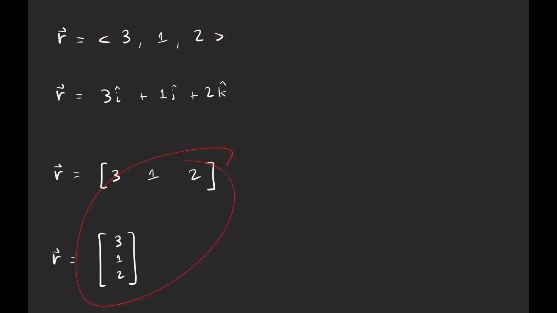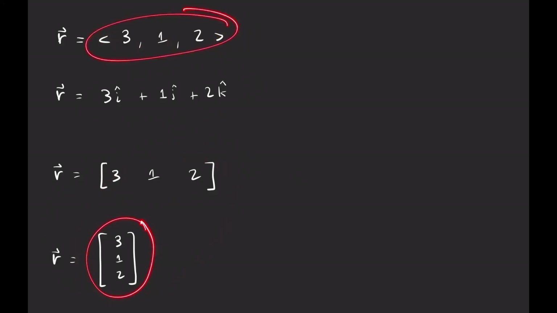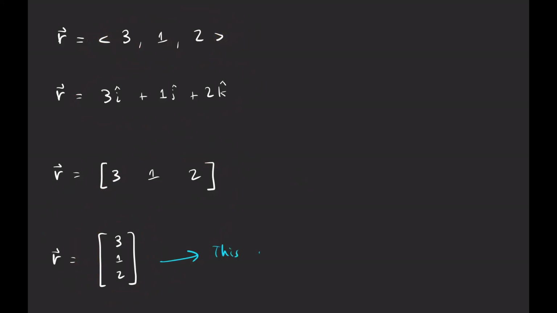But if I look here, particularly at this one, this contains the same information as up here, but it looks an awful lot like the matrix stuff that we've been seeing. And this is, in fact, a matrix, and I will note this is a 3 by 1 matrix.